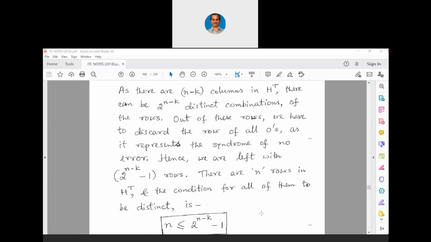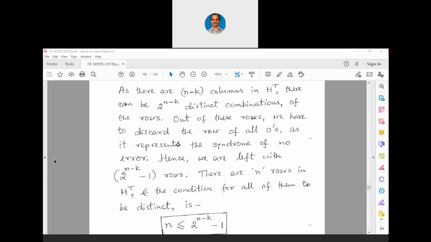Now, what is this equation? This equation indicates that we have a binding condition for the Hamming matrix also, Hamming transposed also, right? Hamming transposed is obtained from the Hamming matrix. Now, in the Hamming transposed, we have n rows, they must be at most equal to 2 power n minus k minus 1, or they can be less also.